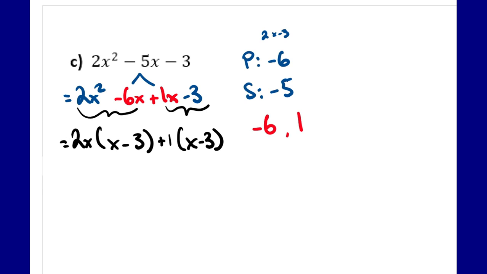I don't really need to show the plus 1, but again, I'm just doing that to make the next step a little bit easier, and because there is technically an invisible 1 there. We should find that we have a common bracket, so I can take that bracket out, x minus 3, and then 2x plus 1, the leftovers, make up our second bracket.